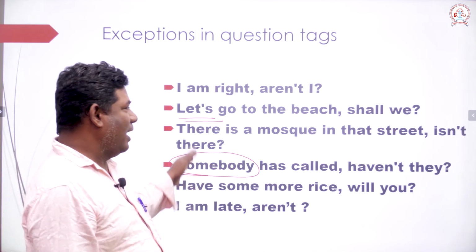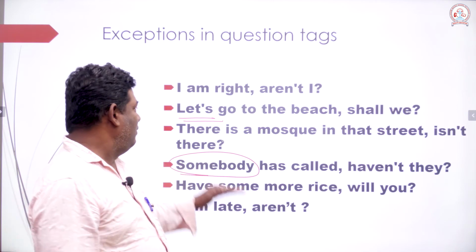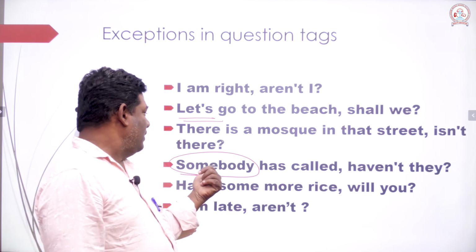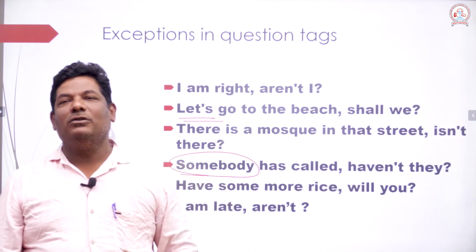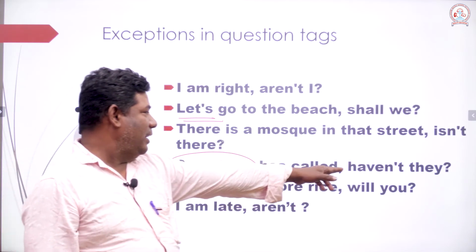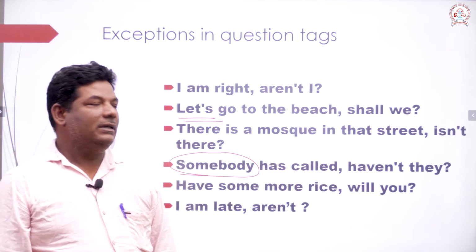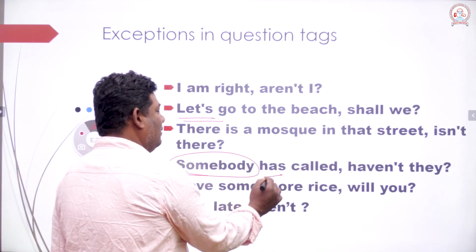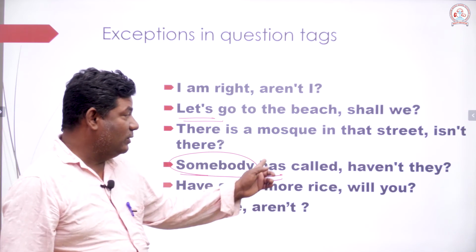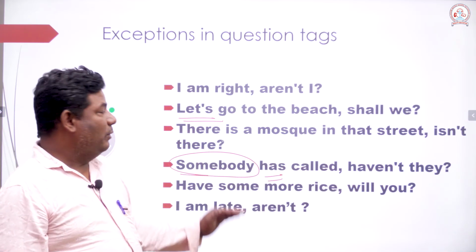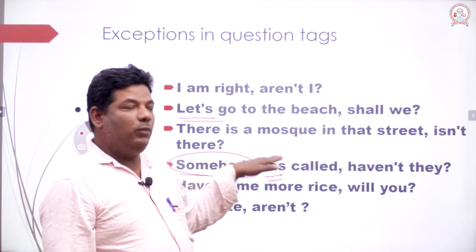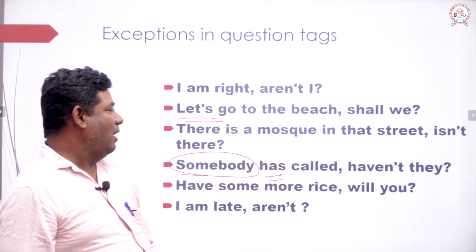The pronoun for somebody is they. Somebody refers to plural. So, haven't they? See, somebody has called, but we are not using has for it, we are using have, because somebody refers to plural. Therefore, we use have.